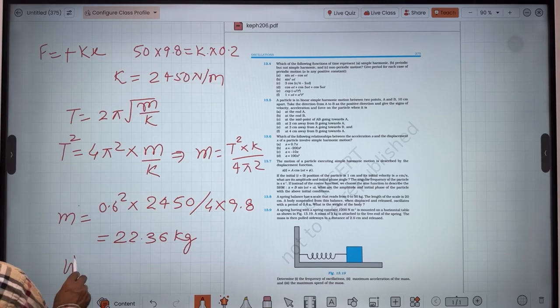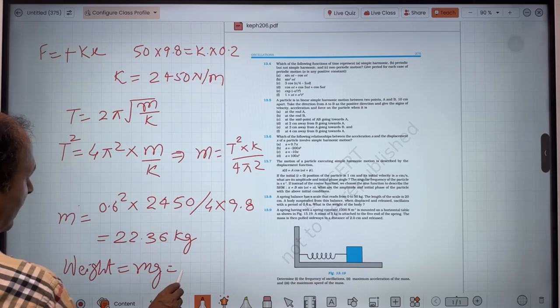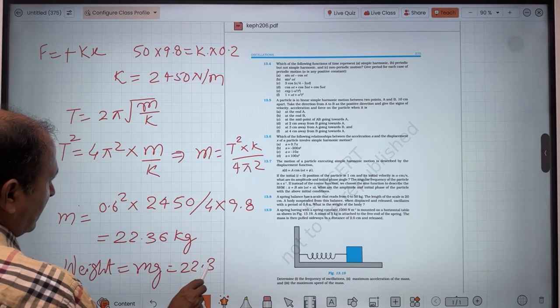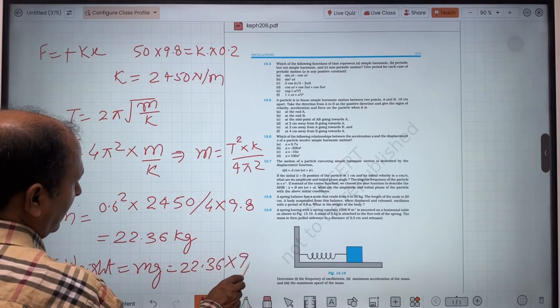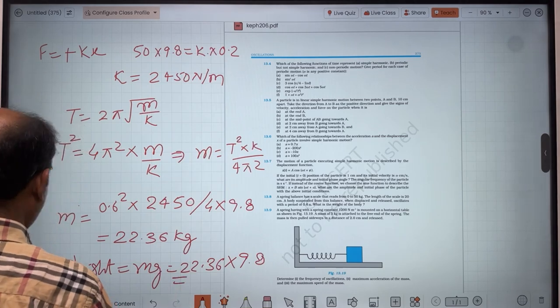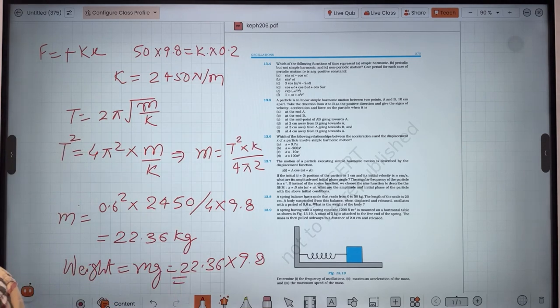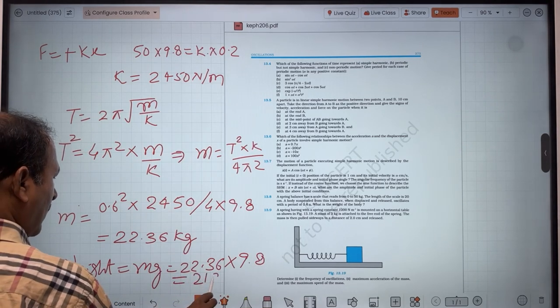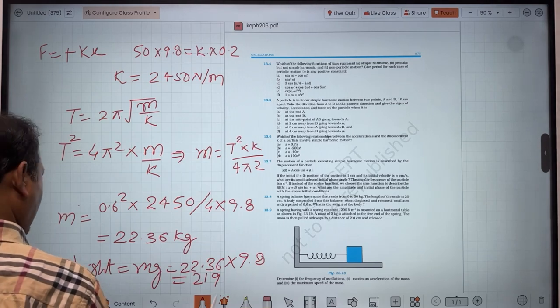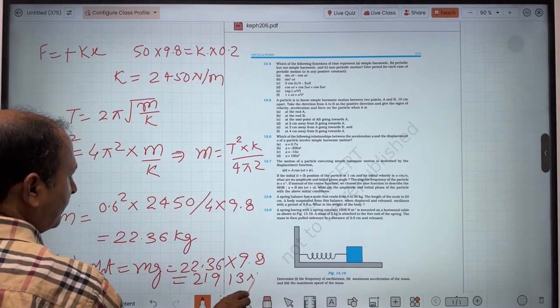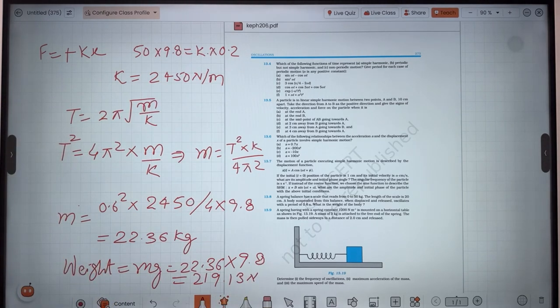Now we need weight, and we know weight is mg. So we put the values. M is 22.36 into g, which is 9.8. So we can evaluate it, which will come out to be 219.13 Newton. So I think you have understood.